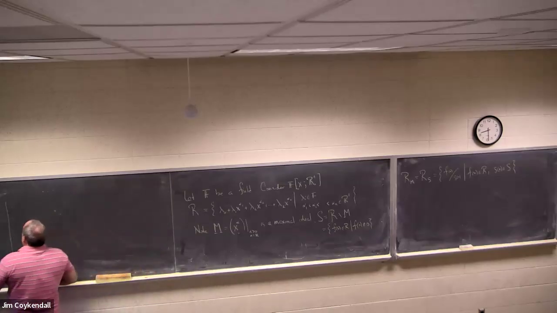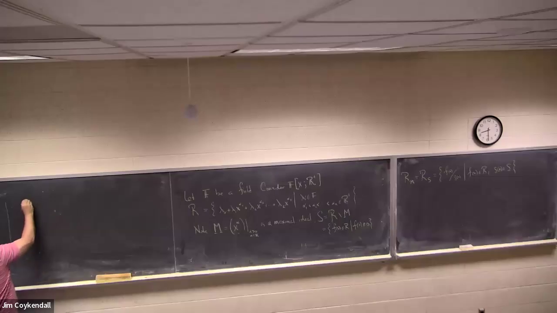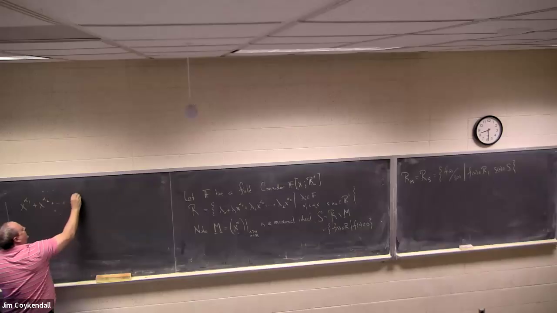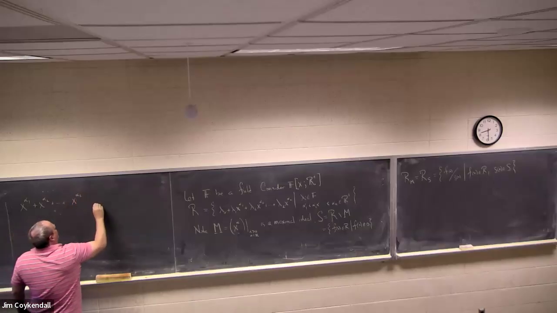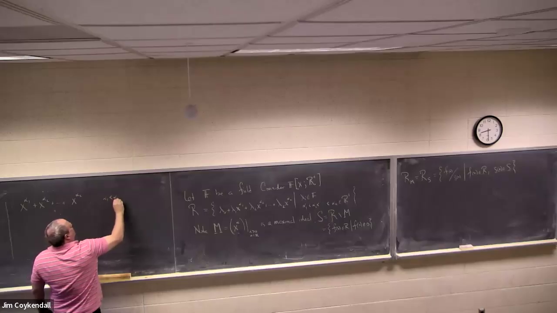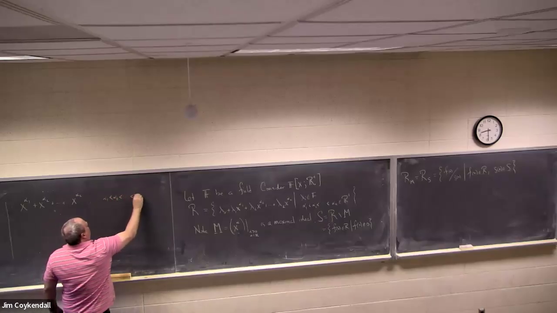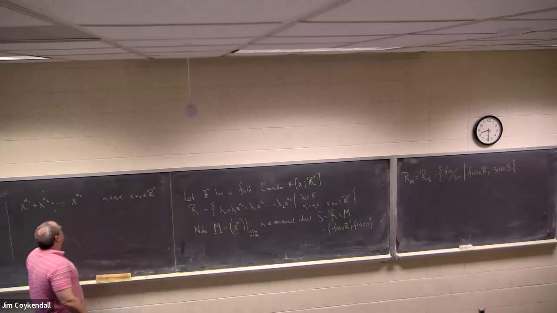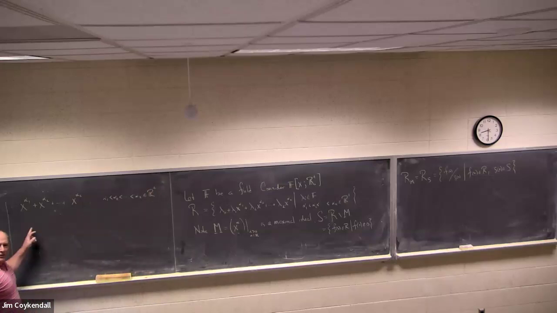For example, if I have something like this, where alpha 1, alpha 2, alpha k are positive reals, notice that I can pull an x to the alpha 1 out of this.